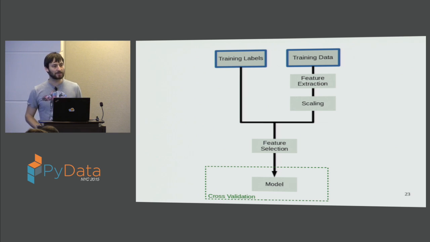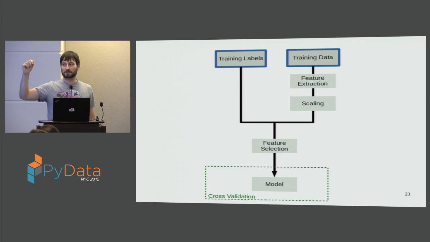And if you have all these steps, a common mistake that people do is they preprocess all their data, and then they do cross-validation just on their classifier. That's really, really problematic, because if you do this, then the test fold in your cross-validation was already seen in the scaling, in the feature extraction, in the feature selection. And so your cross-validation doesn't give you an unbiased estimate of how well you generalize.